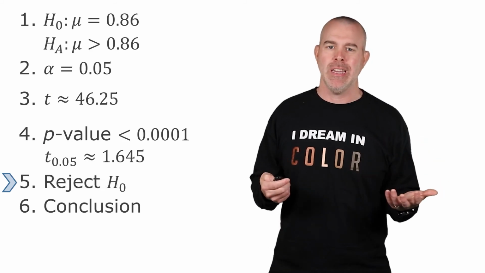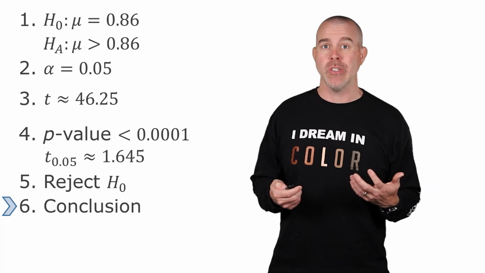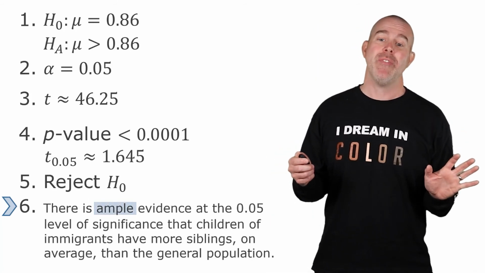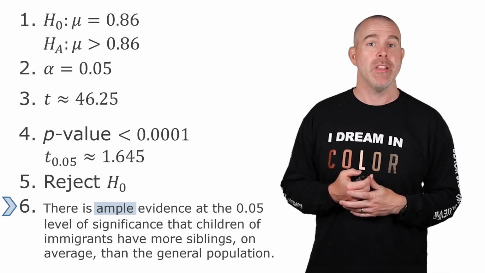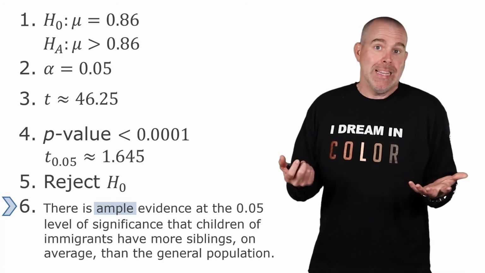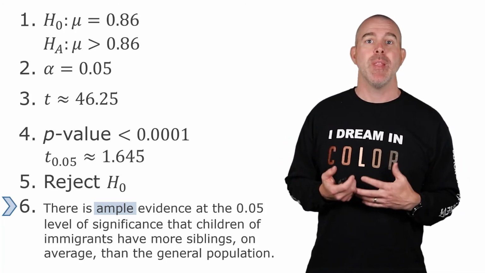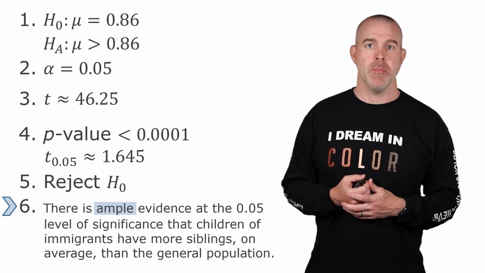So clearly, we're going to reject the null hypothesis. And then when we make our conclusion, I even put here, there is ample evidence at the 0.05 level of significance that children of immigrants have more siblings on average than the general population. So at least based on the database that we have here, it does look like immigrant families tend to be larger than those who are not immigrants.